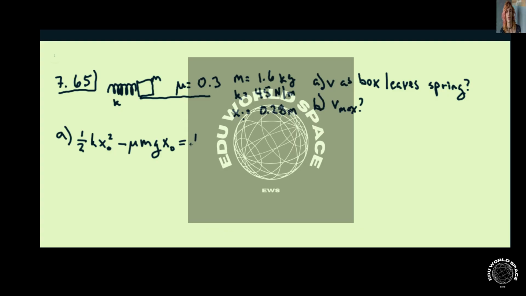And then this is equal to the kinetic energy at that moment. So you solve this for v squared, put in the numbers, and you find that its speed is 0.747 meters per second.